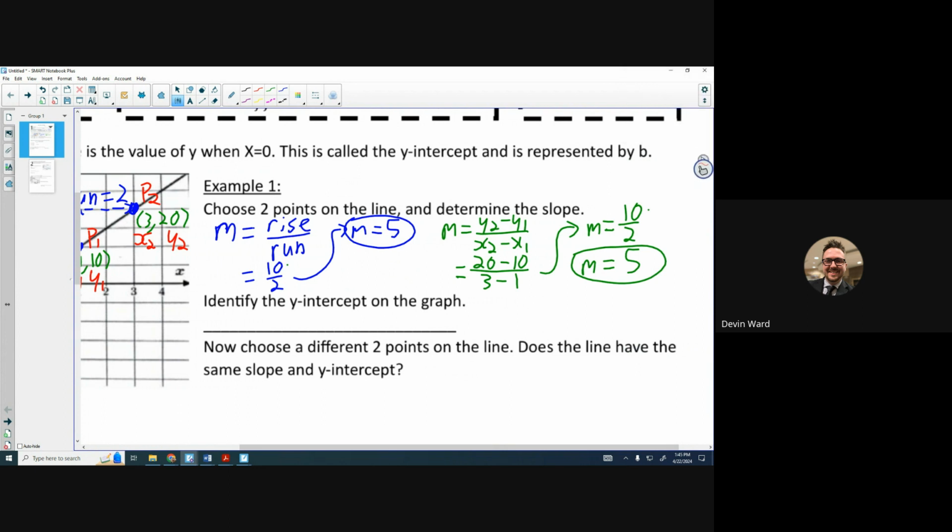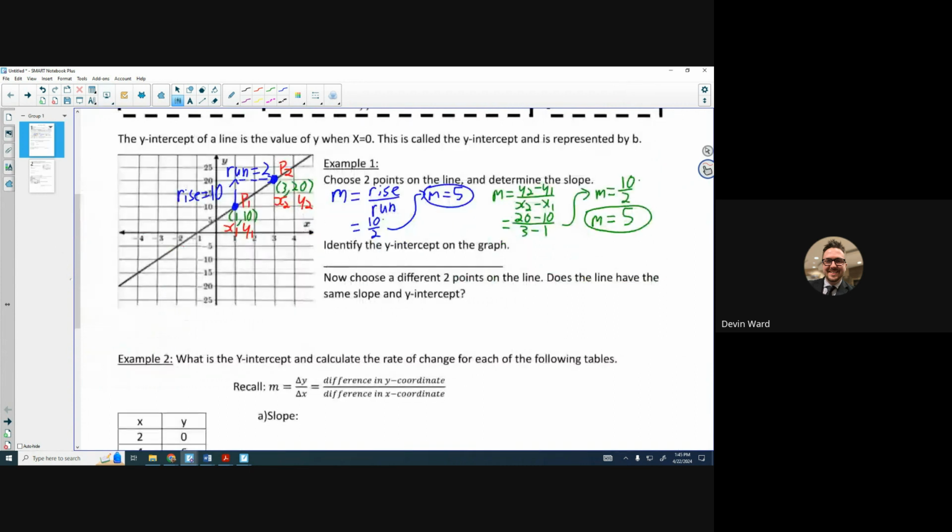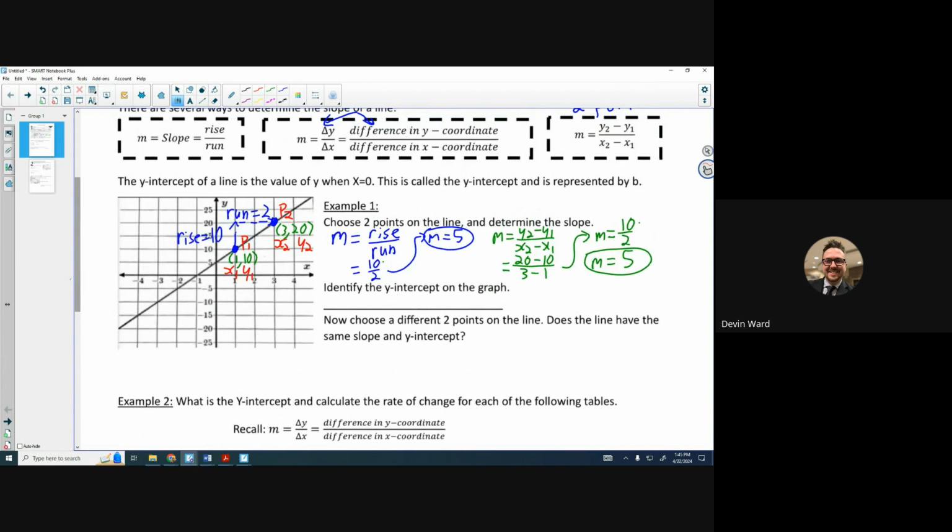Now let's talk about the intercepts a little bit. So the y-intercept, we briefly touched on it last week. It's the value of y when x is 0. So it's where the line crosses the y-axis.